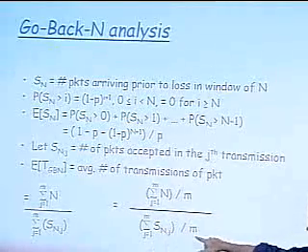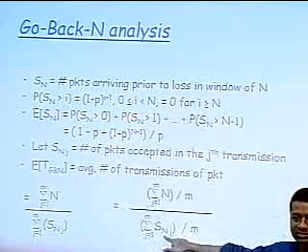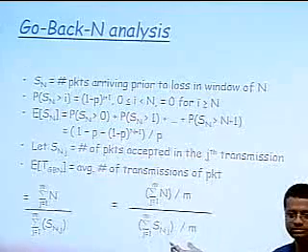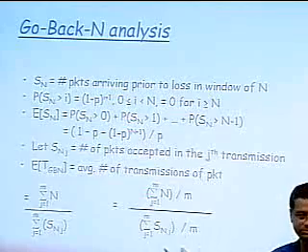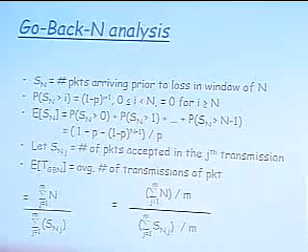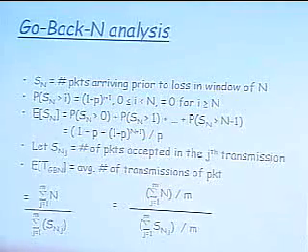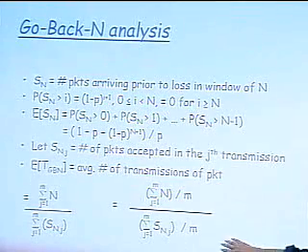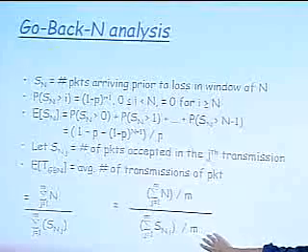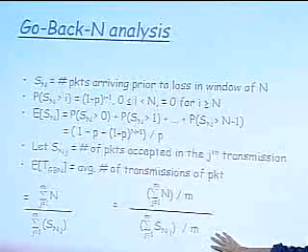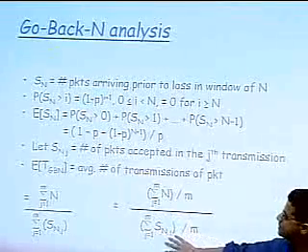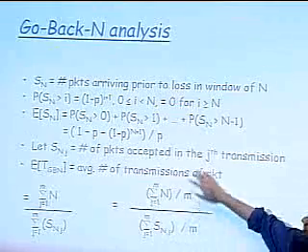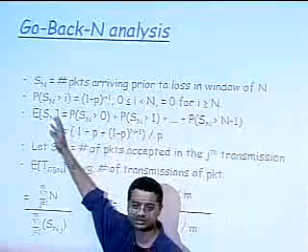The denominator is the average value of S_n over m rounds. Right? The average number of successful deliveries in m rounds. If you let this m go to infinity, then this quantity becomes the expected value of S_n.